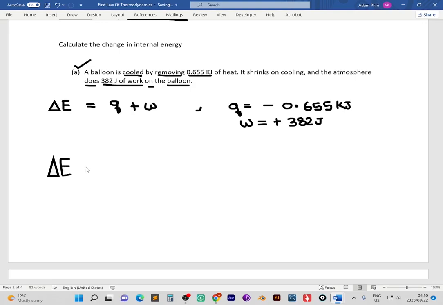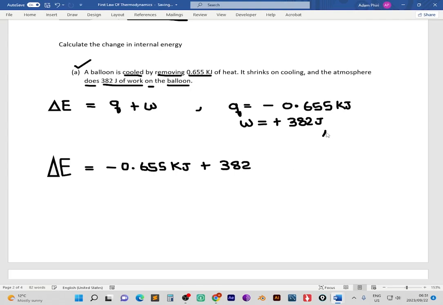So we start again with our equation, looking at what we have to substitute, the values that we are given. That's 0.655 kilojoules, kJ, and we got our value there, which is plus 382 joules.